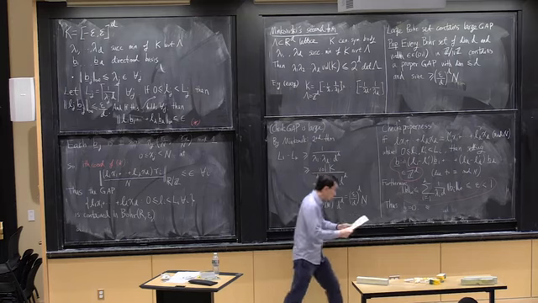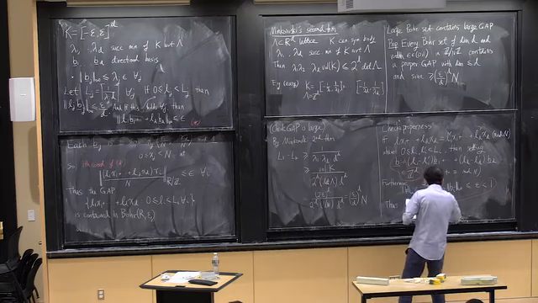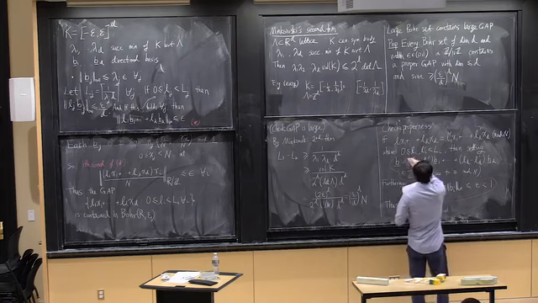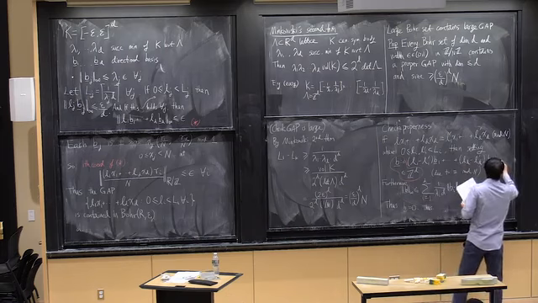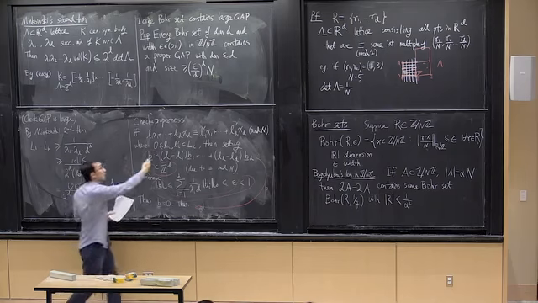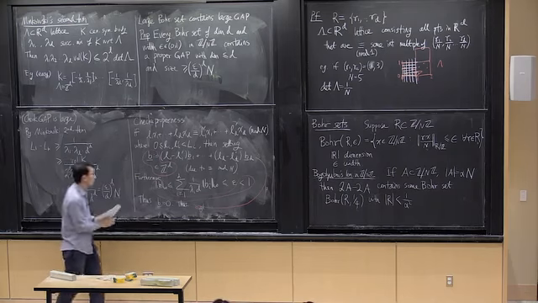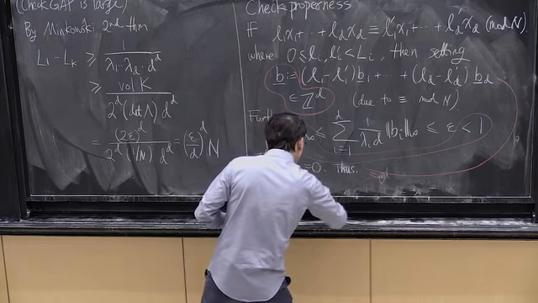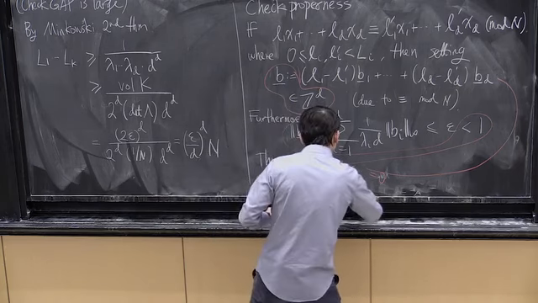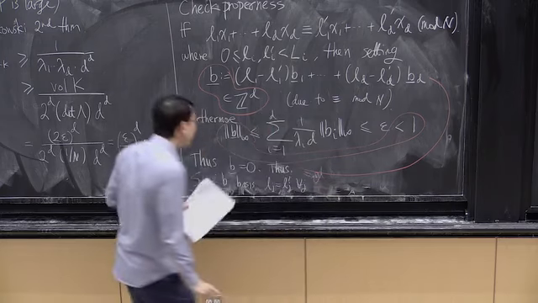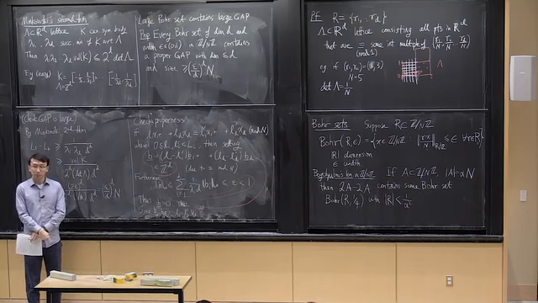So B is the 0 vector, and thus the sum here equals 0, and since the b_i's form a basis, we find that the l_i's and l'_i's are equal to each other for all i. And this checks the properness of this GAP.